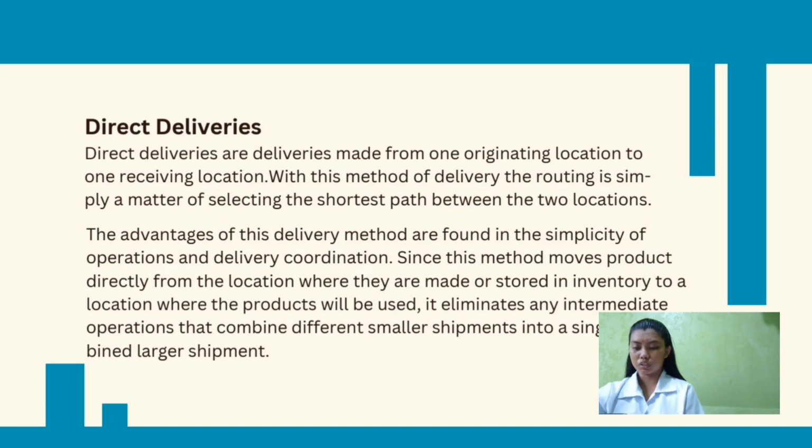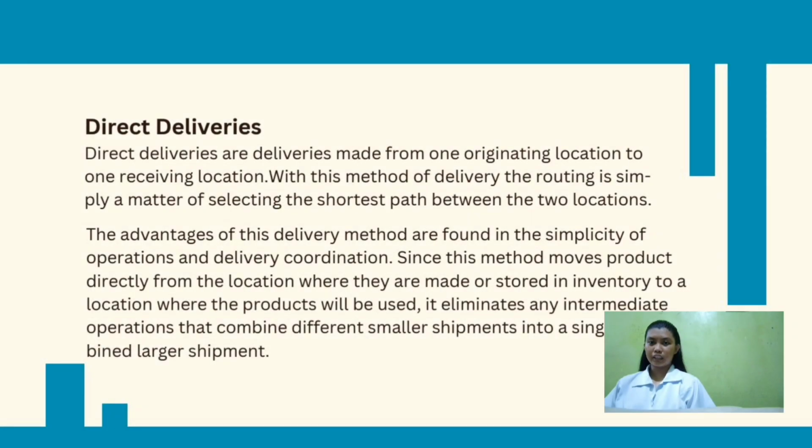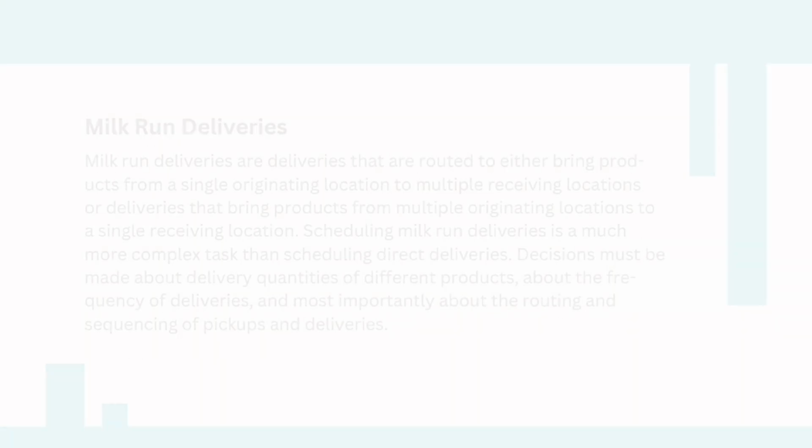Since this method moves product directly from the location where it is made or stored in inventory to a location where the product will be used, it eliminates any intermediate operation that combines different smaller shipments into a single combined large shipment. Direct delivery. Products are delivered directly from the source to the destination.